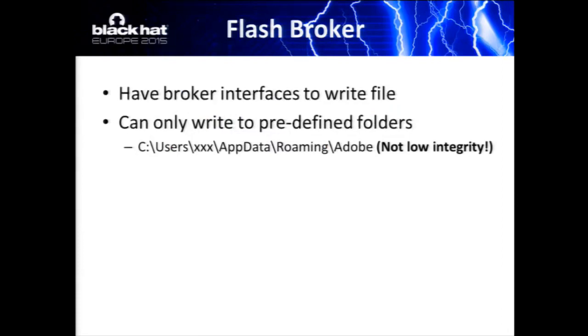You can use this broker to read and write some predefined locations in the system, such as the AppData Roaming Adobe folder under the user folder. You can use the broker to write into this folder, and which is important, this folder is not low integrity. So this is exactly the one we want to find.